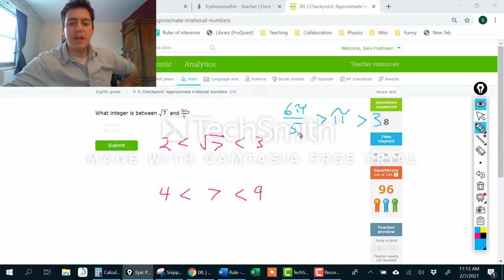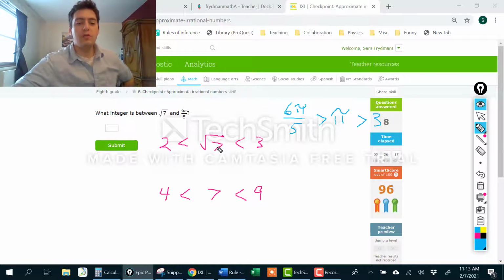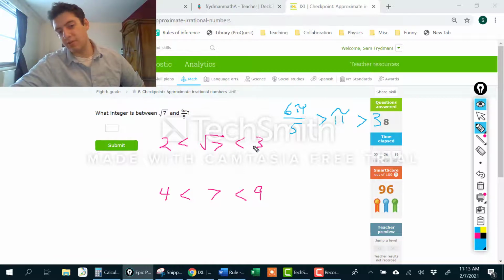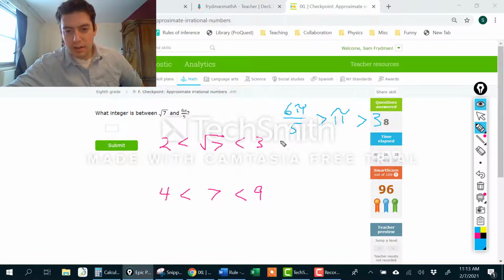So 6 pi over 5 is definitely greater than 3, and we just learned that the square root of 7 is less than 3, so the integer that's in between the square root of 7 and 6 pi over 5 must be 3, okay?